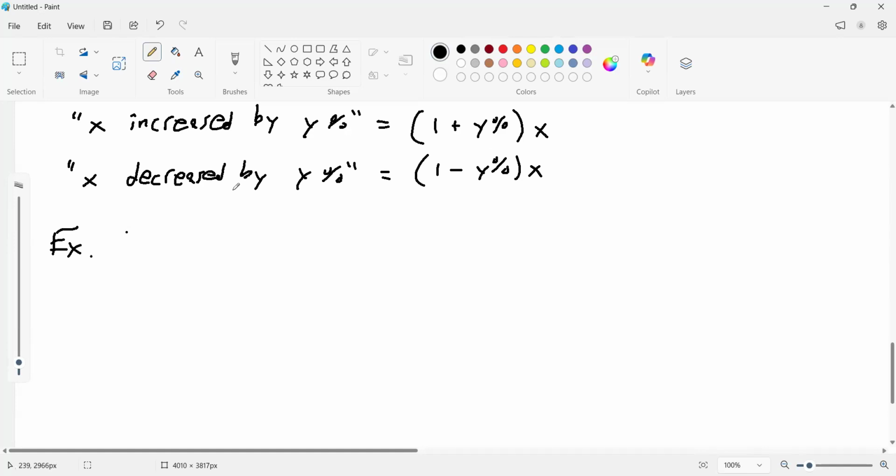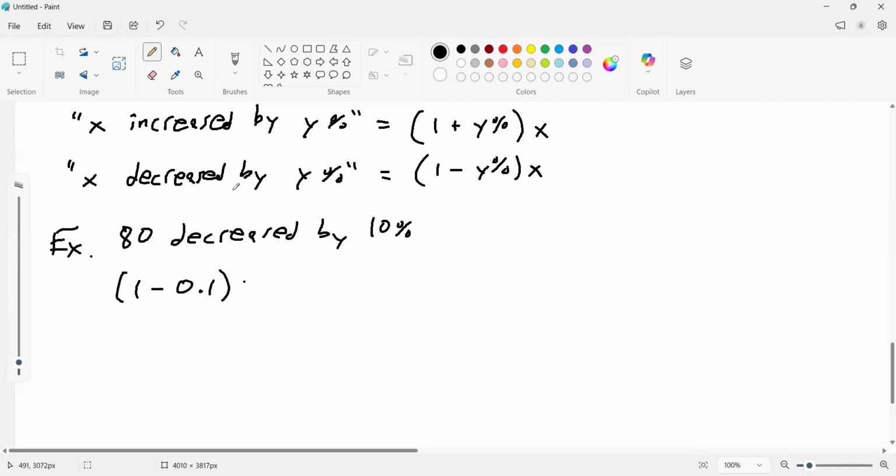What if I want to take 80 and the value 80 decreased by 10%, okay? And again, I choose these numbers because it's easy to find an intuitive solution. Obviously, 10% is 8, so we're going to subtract 8, basically. But using this understanding, what I'm really asking for is I want the whole 1 minus 10%. So let's do 10% as a decimal, 0.1.